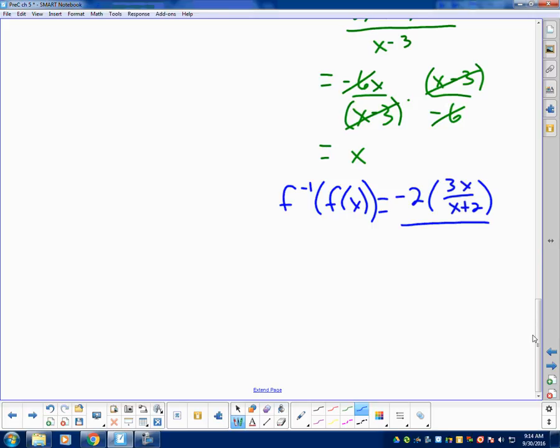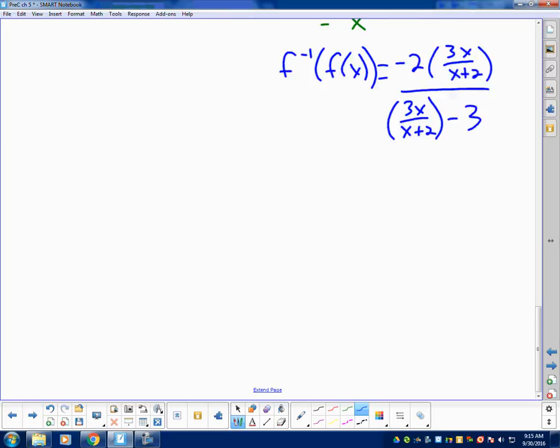And x over x plus 2. So now I'm doing f inverse of f of x. A similar process: negative 6x over x plus 2.